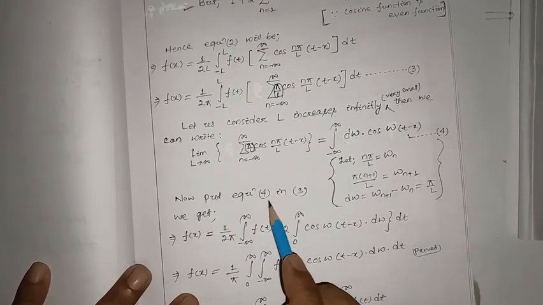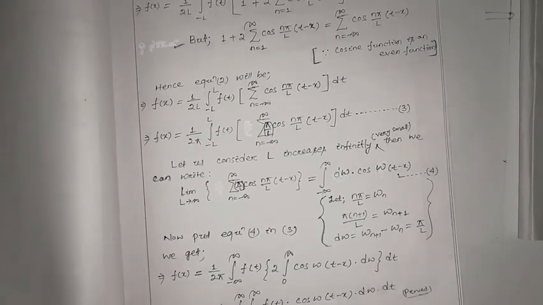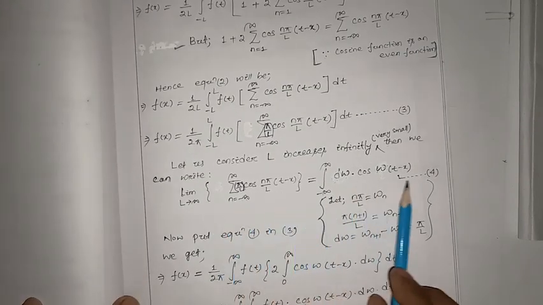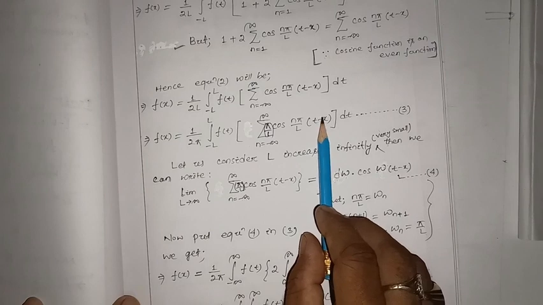Now put equation 4 in equation number 3. So this value from equation number 4 we have to put in equation number 3.